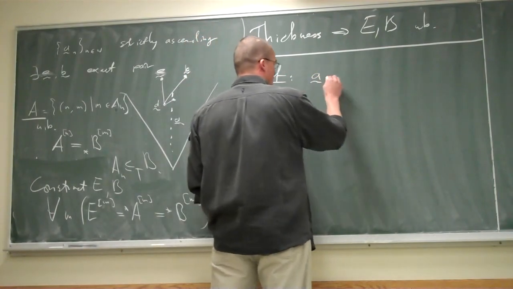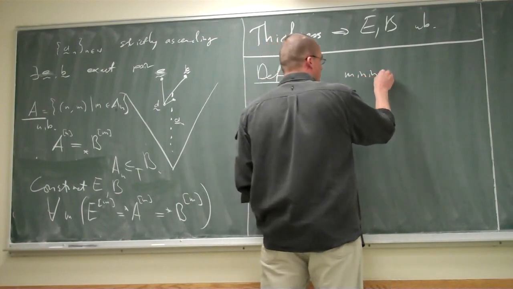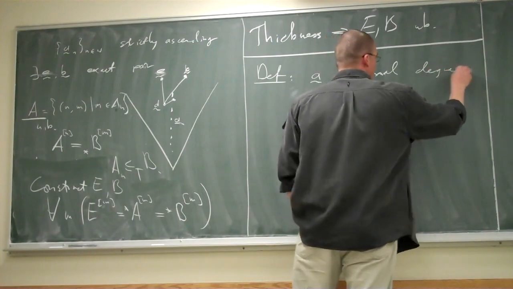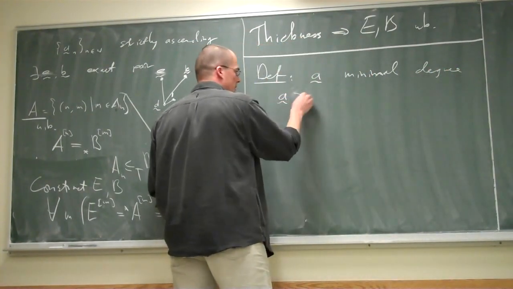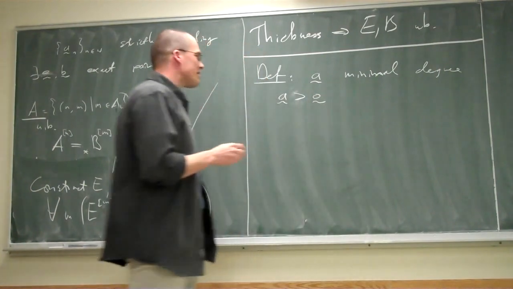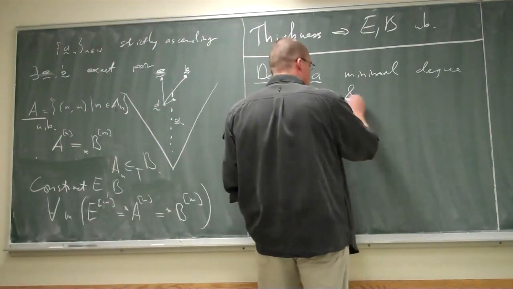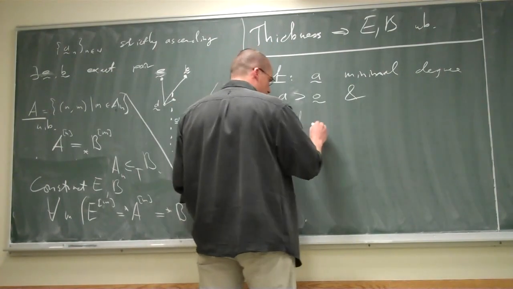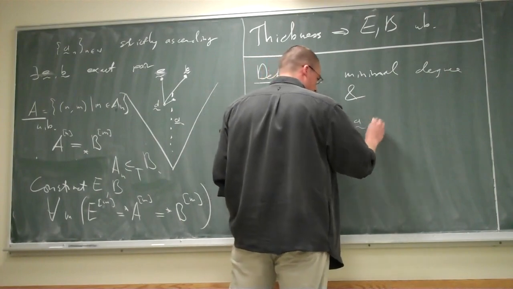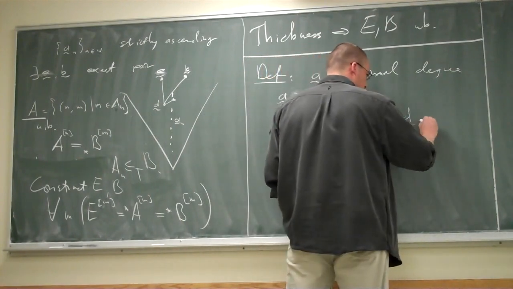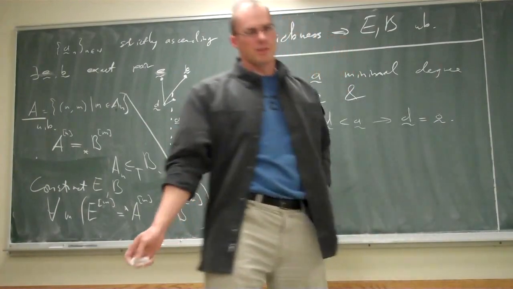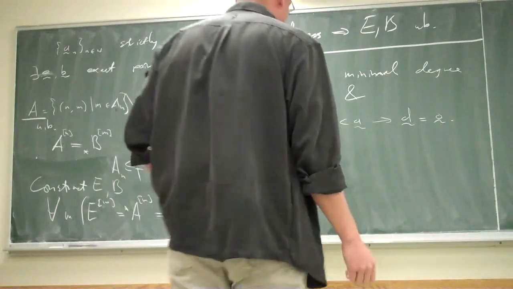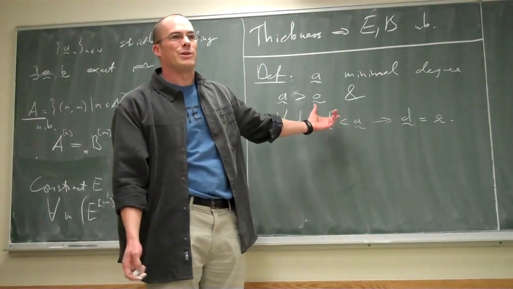We call a degree A a minimal degree if A is non-zero and for every D which is less than A, we have that D is equal to 0. That's exactly the definition. Or equivalently, there is no degree strictly between 0 and A, right?